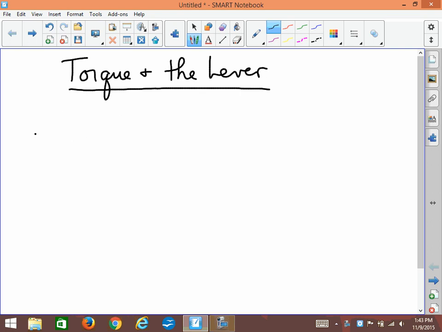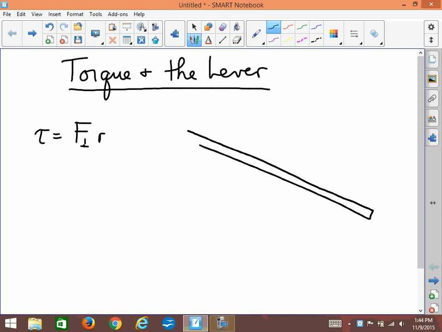So just to remind you, torque is equal to a force applied perpendicular to the distance. And of course, if we draw ourselves a couple of pictures here, if we have a big long board, and the board is sort of balanced here at this point, okay, so we can say that this is the ground down here underneath, and we have this large rock here that we're trying to move or something.